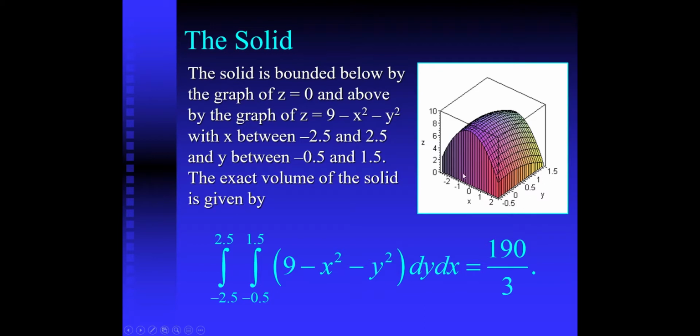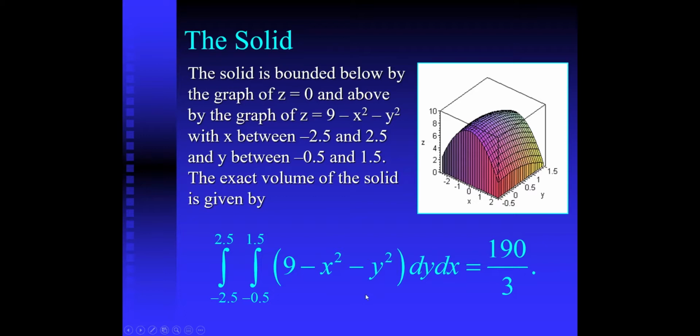We can iterate this with y going from negative 0.5 to 1.5, and x from negative 2.5 to 2.5, then evaluate 9 minus x squared minus y squared, z equals the top. You integrate that over that region, and you get 190 divided by 3.